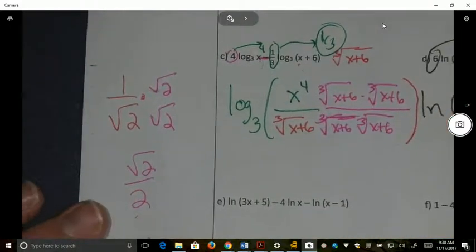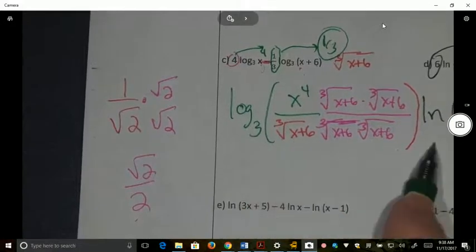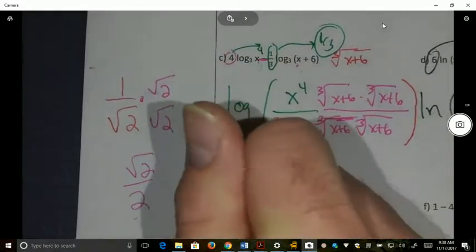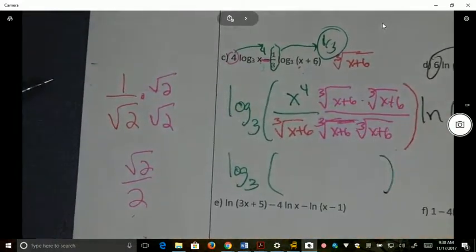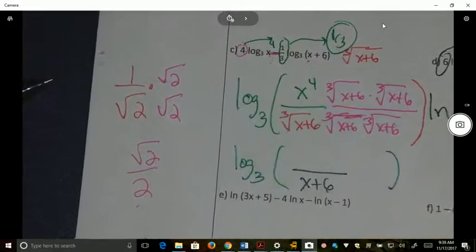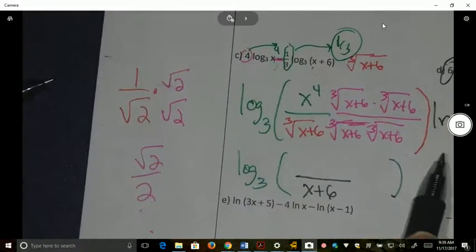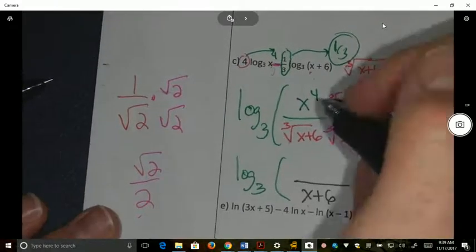So unfortunately, on the top, we're going to have to do something more. But the bottom is nice because we took the cubed root of it. So now I have log base 3 of, I'll fill this in a second. In the denominator, it's just x plus 6. We don't have any radical down there anymore because x plus 6 to the 3rd, take the cube root of it, is just x plus 6.